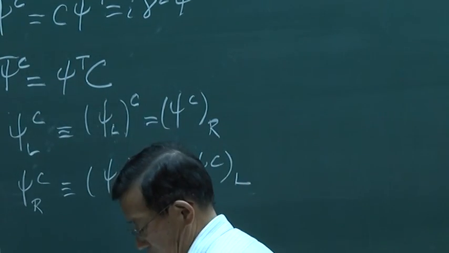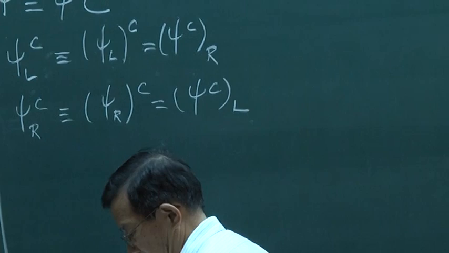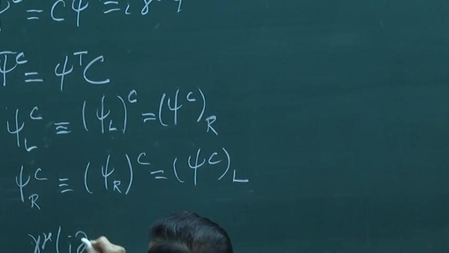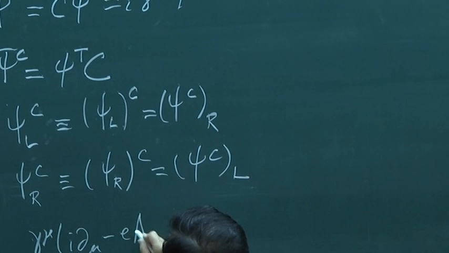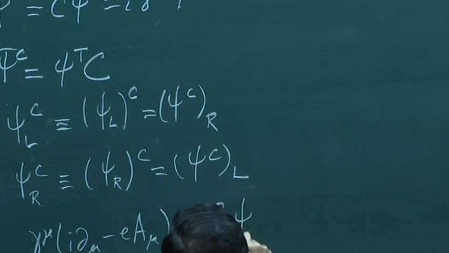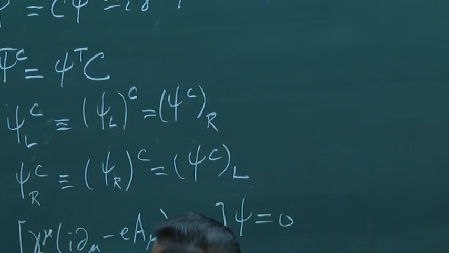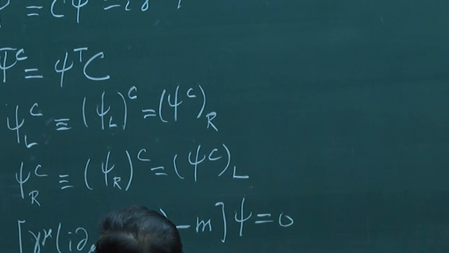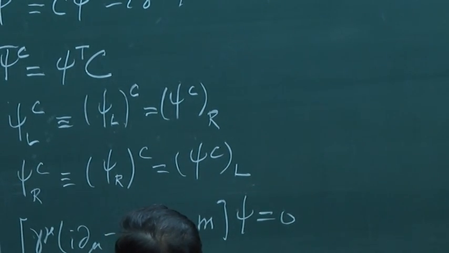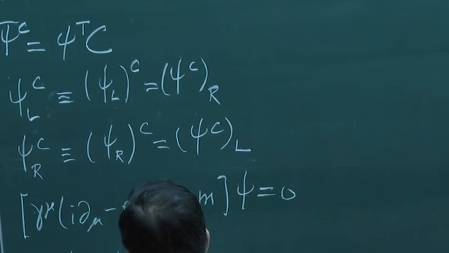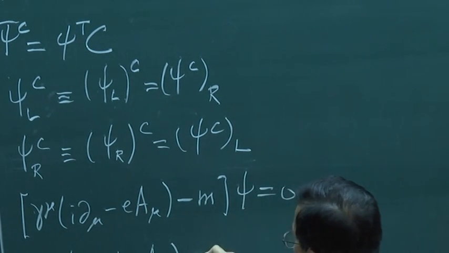Now, the reason we call it the charge conjugate field is the following. You start with the Dirac equation coupled to the electromagnetic field. Then the charge conjugate field psi C satisfies the same equation, where the charge changes sign but the mass stays the same.